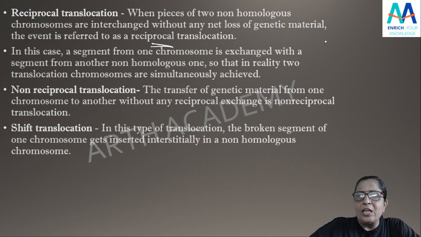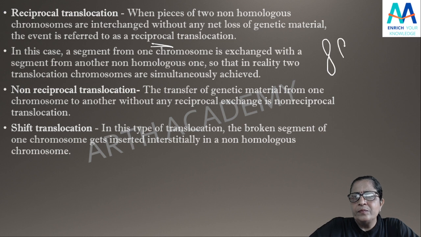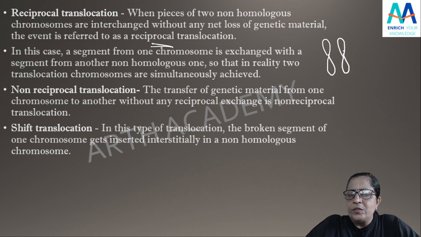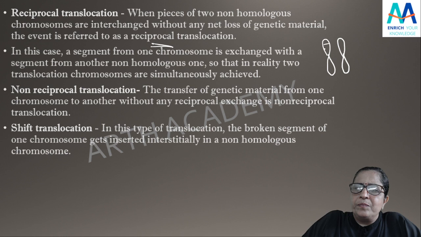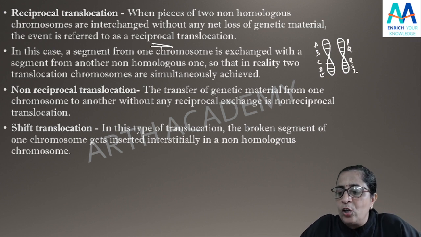Like for example, this is A, B, C, D, E. Okay. And here I can write P, Q, R, S, T. So this is a non-homologous chromosome.